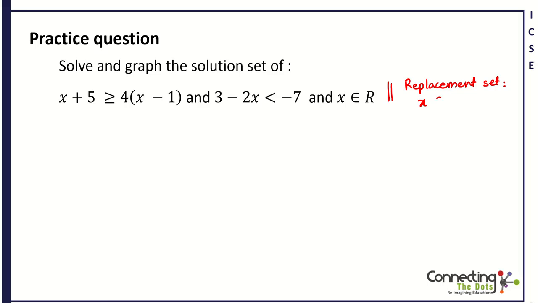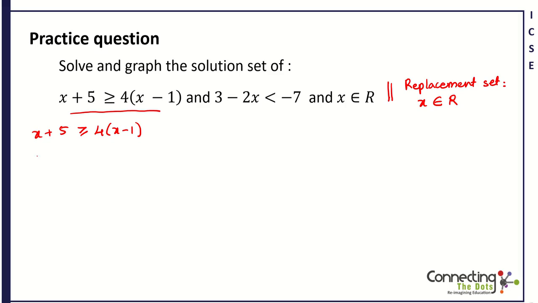It is the set of all real numbers. Now let's take a look at this inequation first. So you have x plus 5 greater than or equal to 4 multiplied by x minus 1.